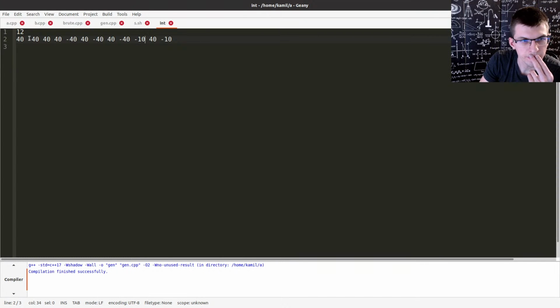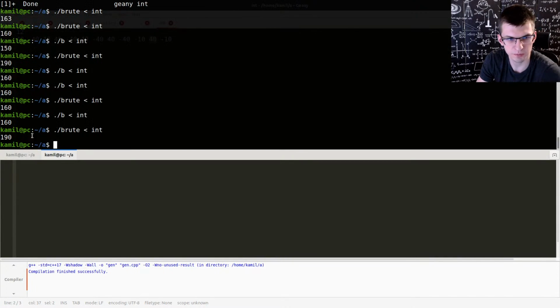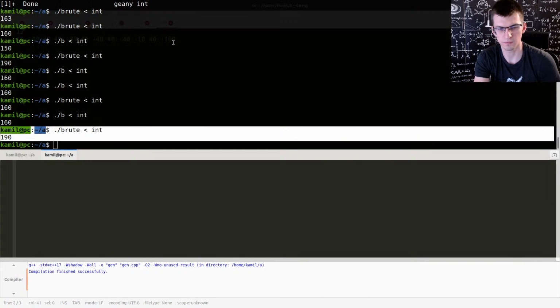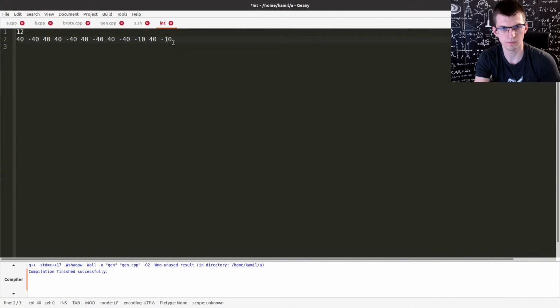Right. The maximum I would get here is 120, 160, 200, 240. Well, that's impossible. Brute force says that 190 is max. So I can get 5 40s and 1 minus 10. This one.